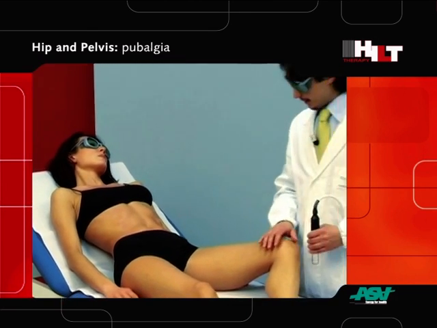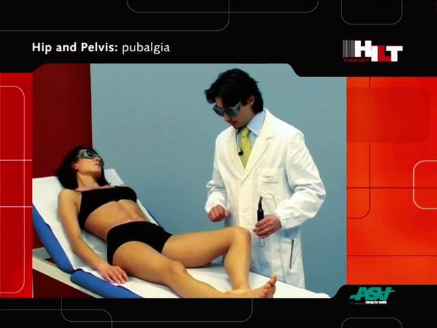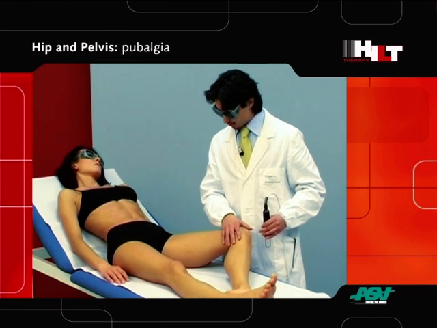As far as the treatment with Hilt therapy of pubalgia is concerned, it begins by placing the lower limb of the patient in abduction and slight external rotation.